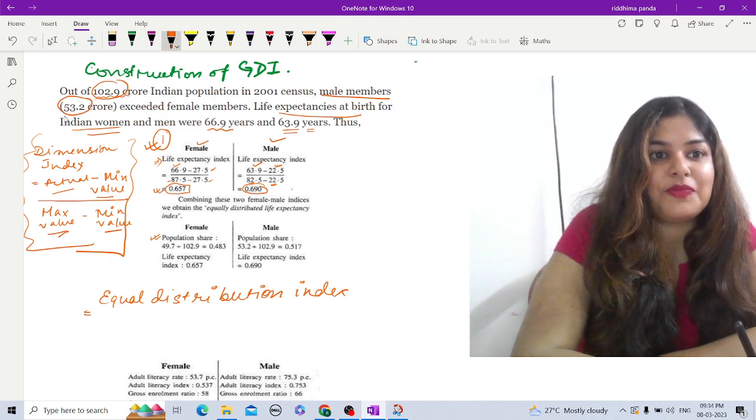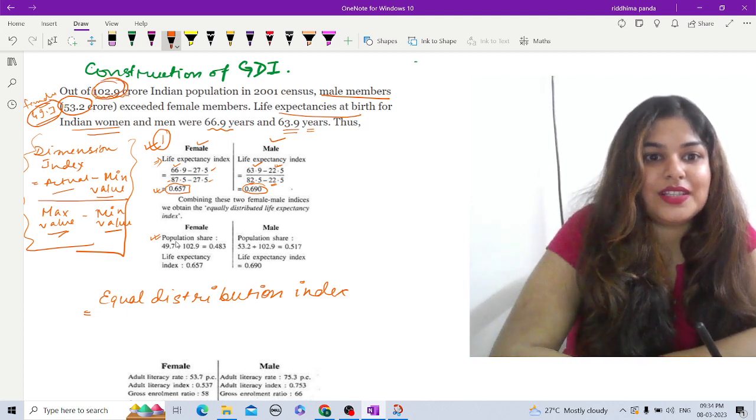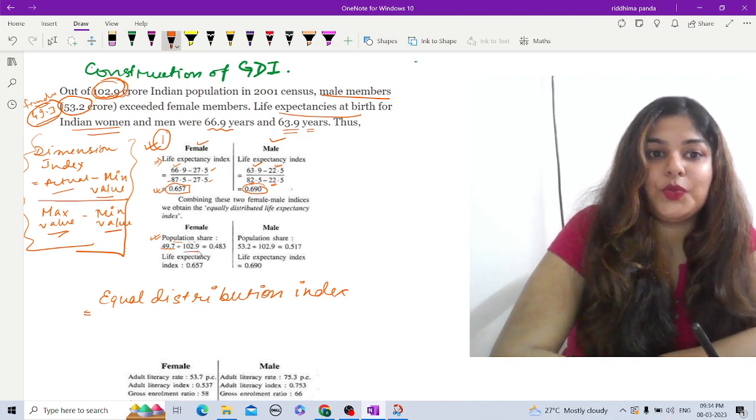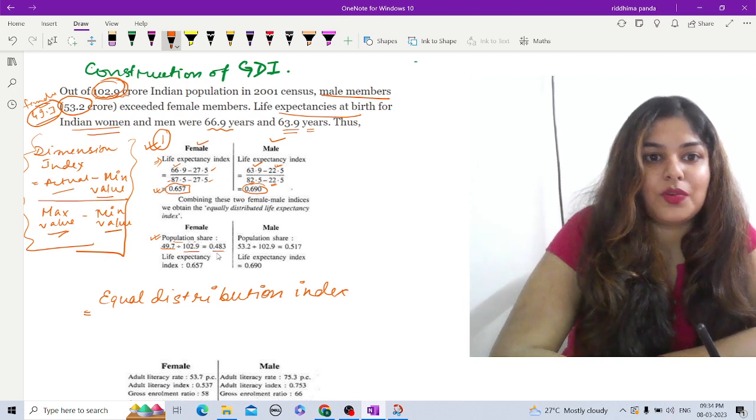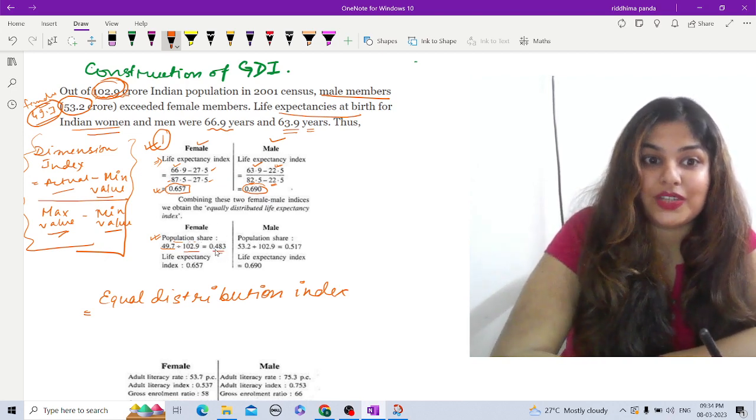If we subtract the remaining, 49.7 will be females. So the population share is 49.7 divided by 102.9, in crores. So this is 0.483, the female share in population.